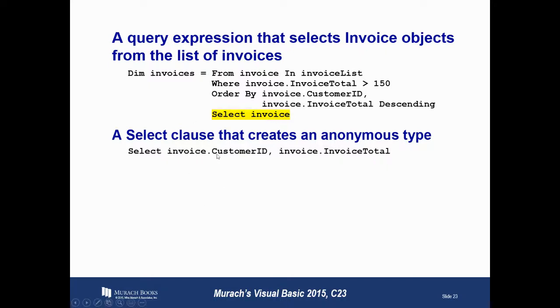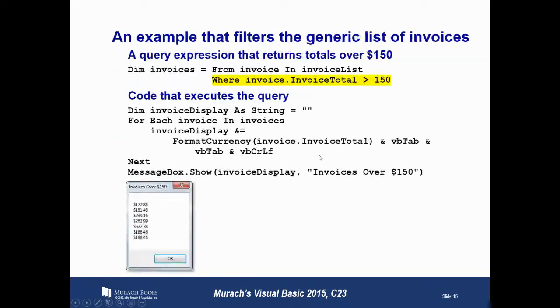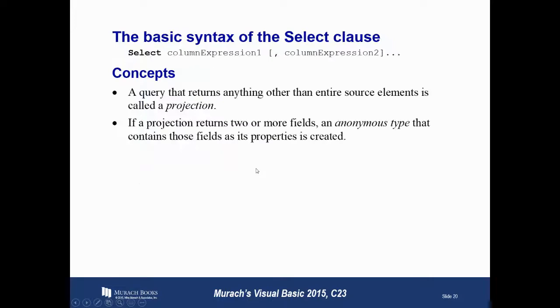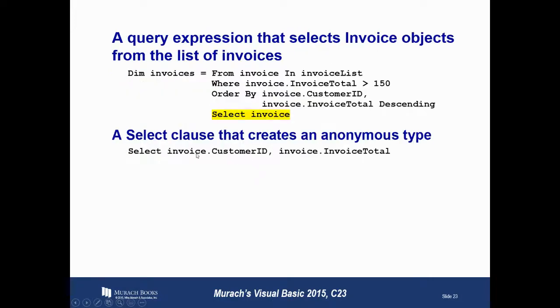Here I'm selecting invoice.customerID, invoice.invoiceTotal. This is where it's going to take this because it's not an invoice. Because an invoice, if you remember, if I come back, where's my invoice? An invoice has an invoice ID, customer ID, invoice date, all this stuff, right? But if I'm only selecting invoice.customerID, invoice.invoiceTotal, it's not an invoice because it only has these two fields.